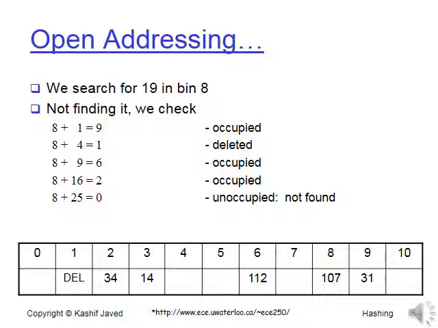We further increment the quadratic function variable I to 1 and compute the hash value, which equals 9. We find bin 9 in the hash table marked occupied, and the number the bin contains is 31.